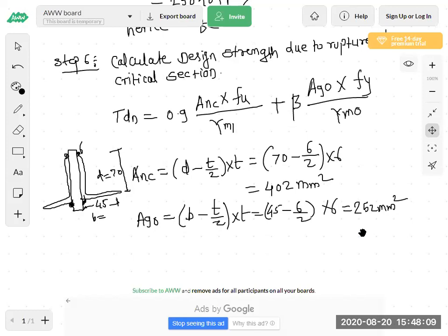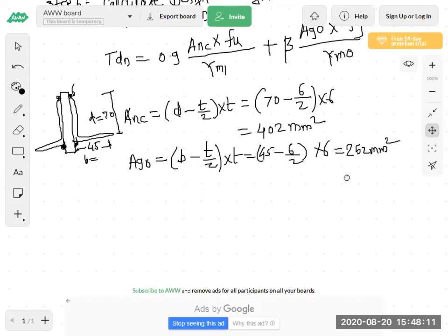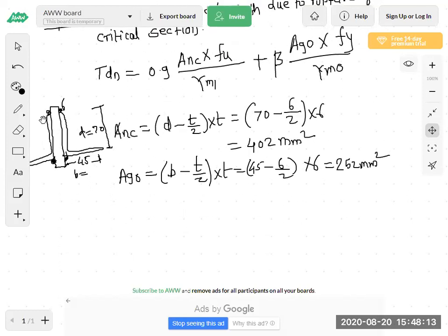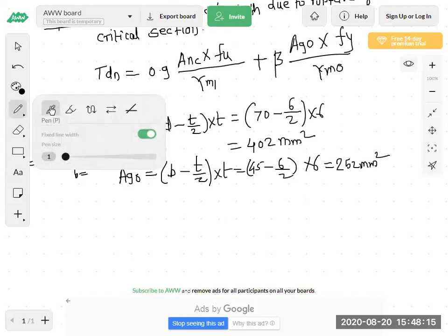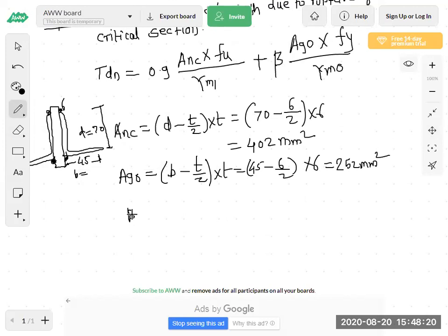Now we have got the two areas. One more unknown is remaining, that is beta. So we have to use the formula for beta, available on page number 33.